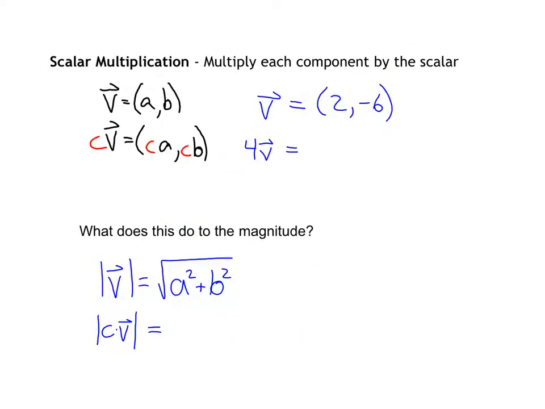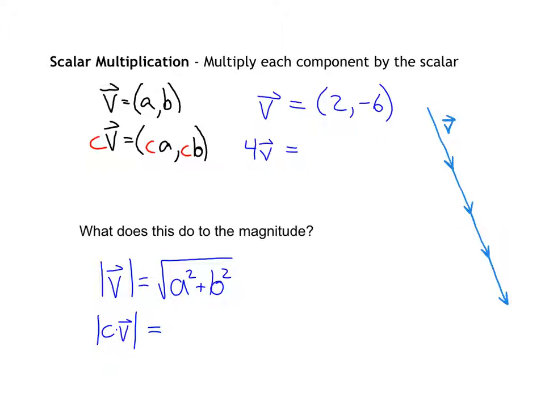So we can do other things with these as well, all right? And I want to start kind of putting these together. We saw yesterday that when you add vectors together, like let's say this is the vector 2, negative 6. This is v. If I want 4 of them, we saw yesterday we can just draw them one right after the other.